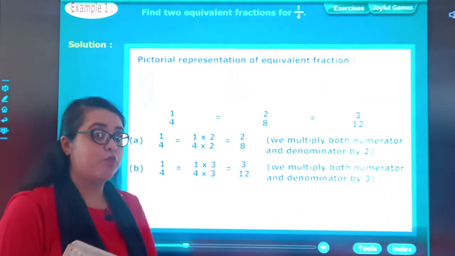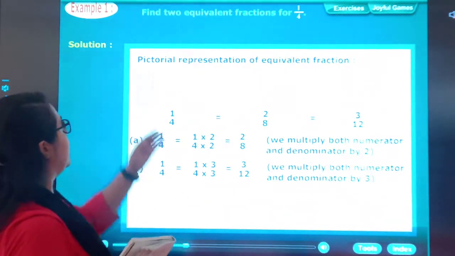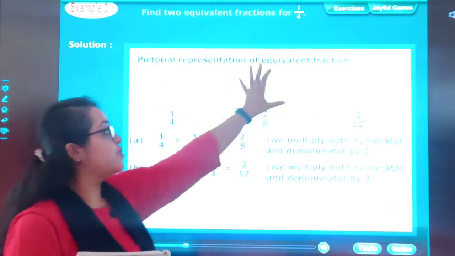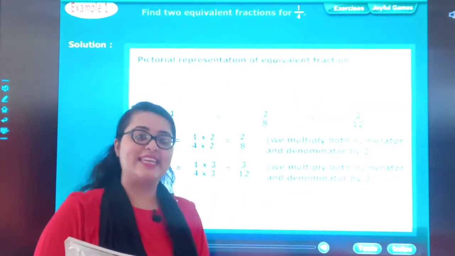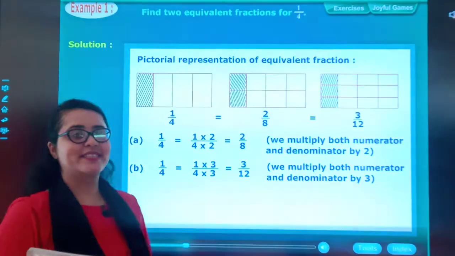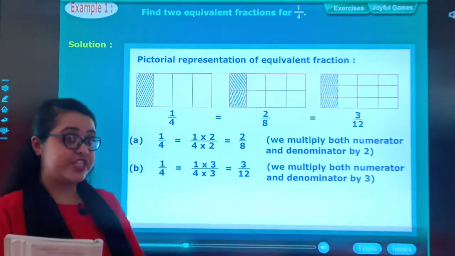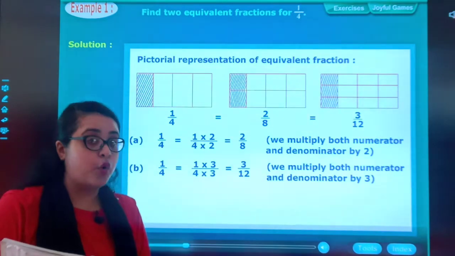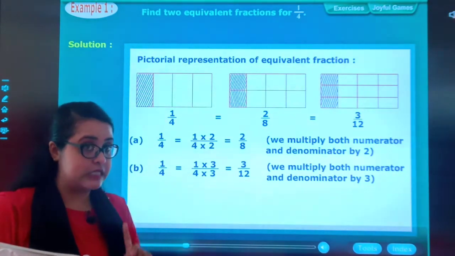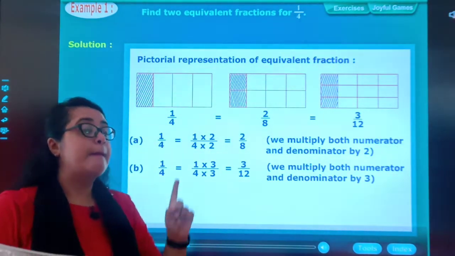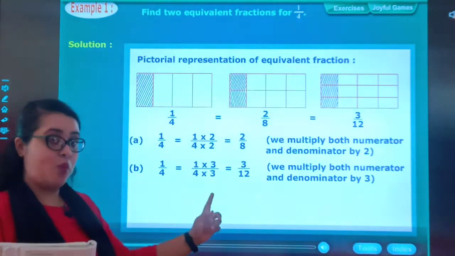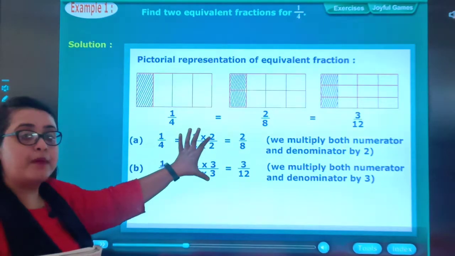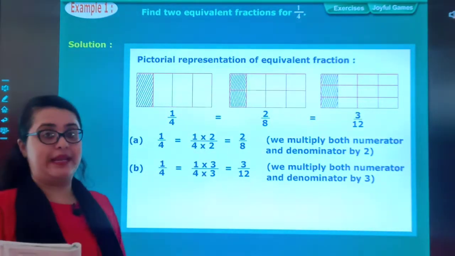Let's discuss what is done here. Representation of equivalent fractions. यहाँ पे हमें पिक्चर के फॉर्म में उसका एक्सप्लेनेशन दिया गया है. So students, जैसे we have seen in the last slide, if we want to find the equivalent terms, we will multiply or divide the fraction with the same number, numerator as well as denominator.